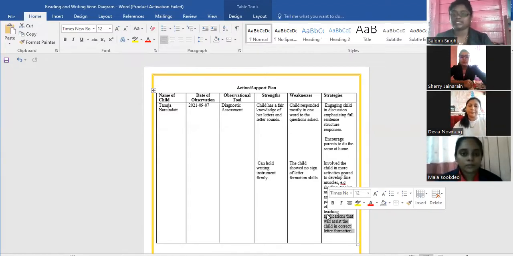What do you think about this teaching strategy? Do you think this strategy is going to bring about improvement in the weak area of this child? I agree with this strategy because getting the child to trace and develop their muscles will improve their letter formation skills.